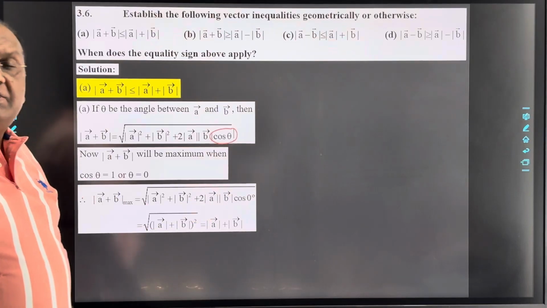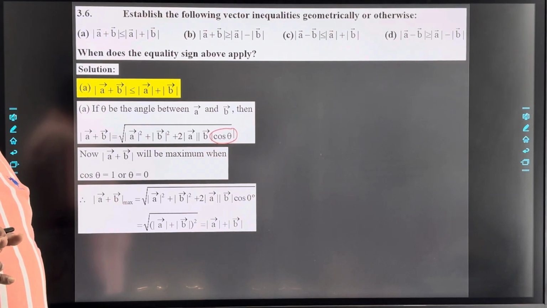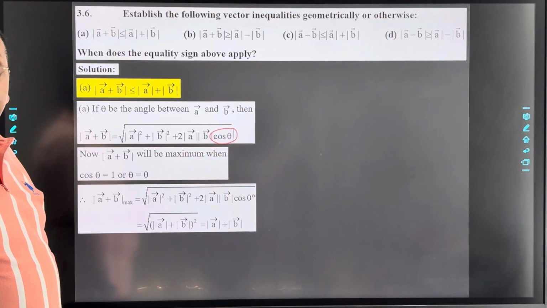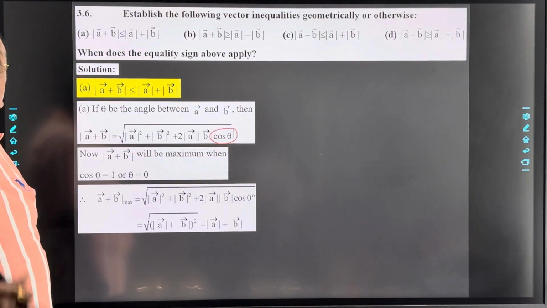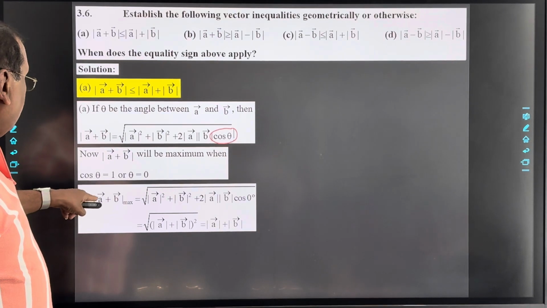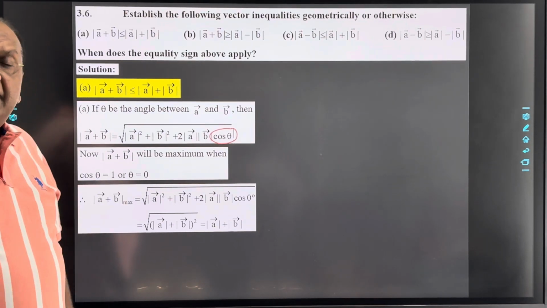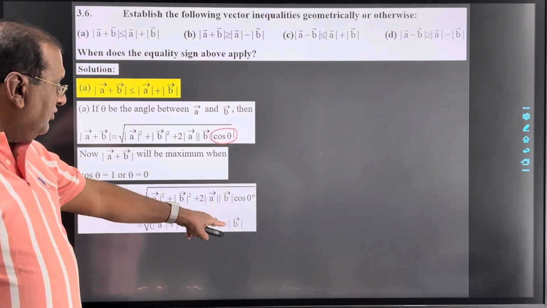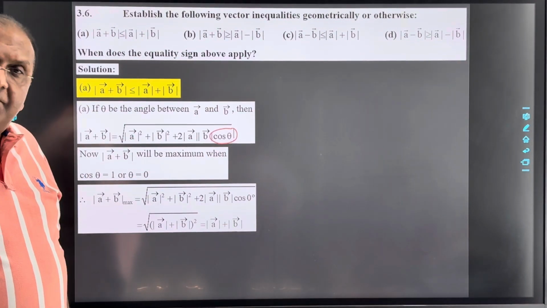For theta equal to 0, it implies that for all other values of theta, or in any other case, the magnitude of a plus b will be less than magnitude a plus magnitude b.